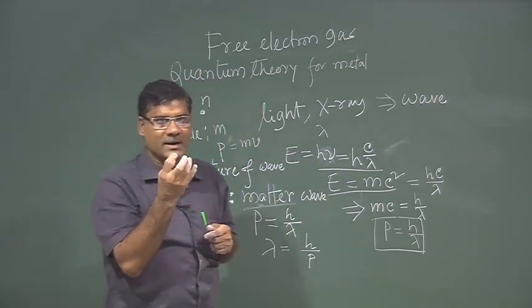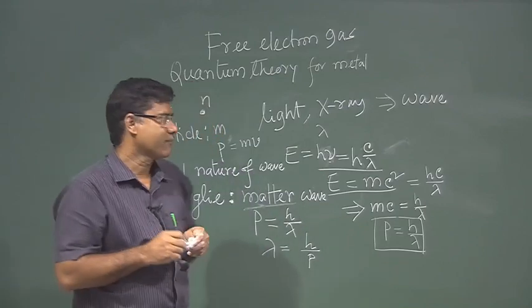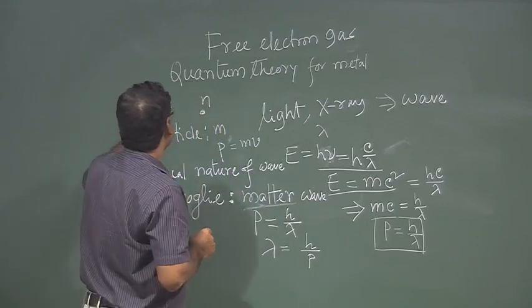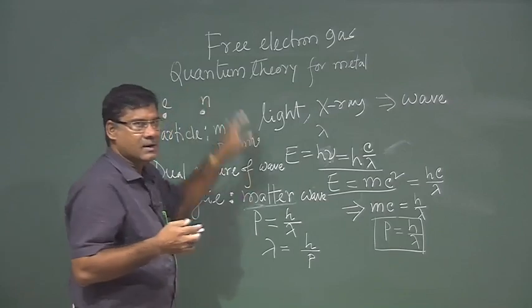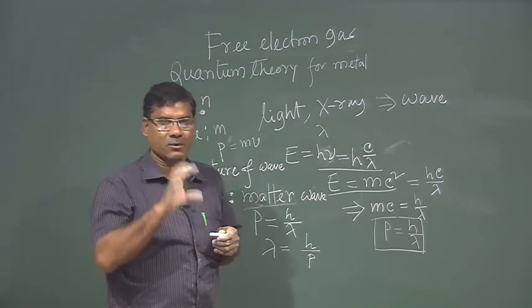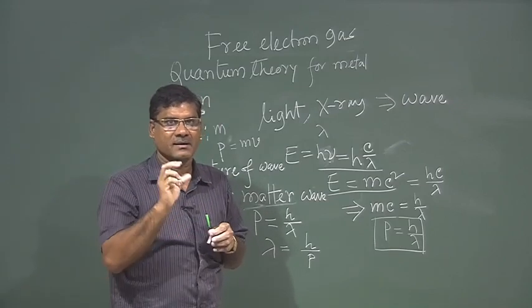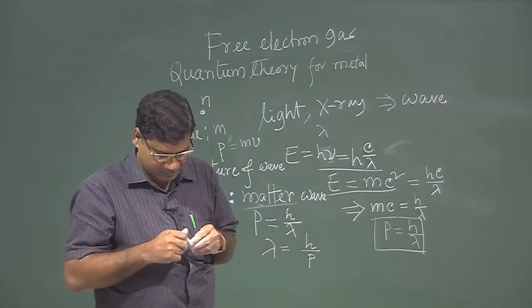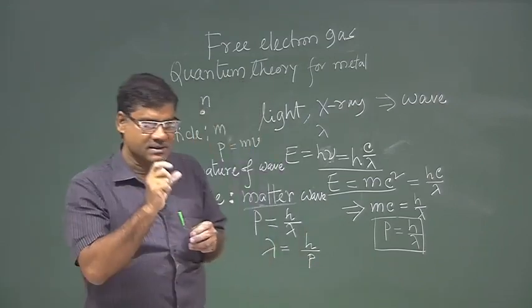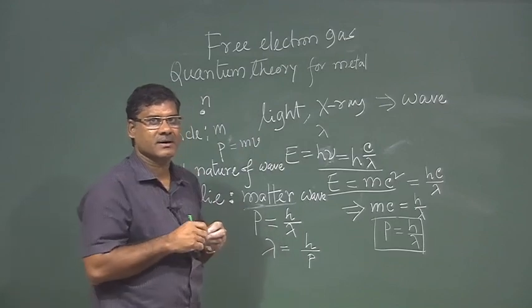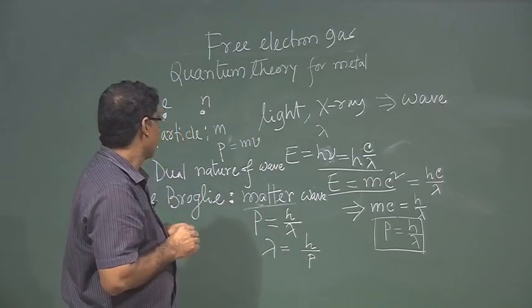So, either it is quanta or it is wave. Quanta means quantum, from quanta it means it is quantized, discreteness. It is not continuous.